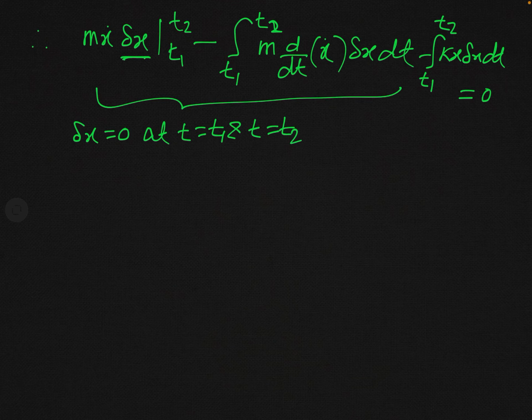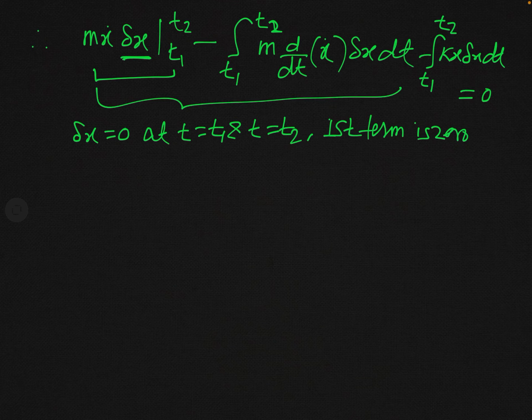Corresponding to these limits, this delta x will be 0, and so this first term will actually vanish. In the above equation, the first term is 0.